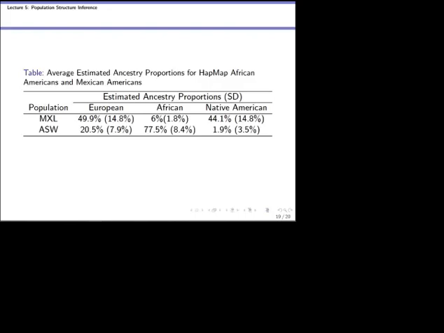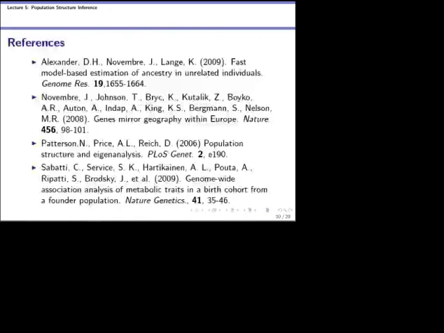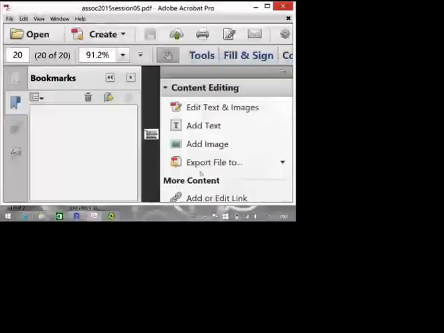Okay. So with that, you're going to do an exercise where you're going to do PCA using this data that I just presented for the HapMap. You're going to infer ancestry differences using principal components analysis.